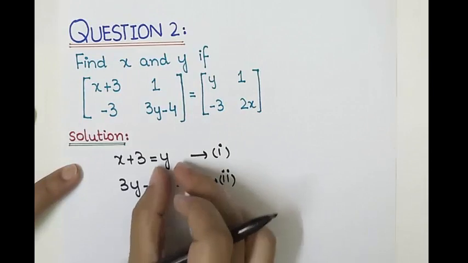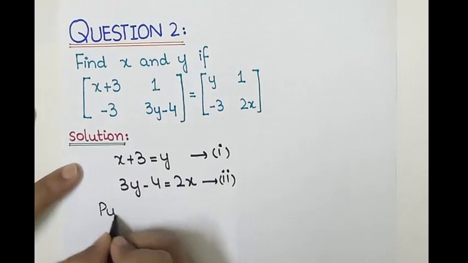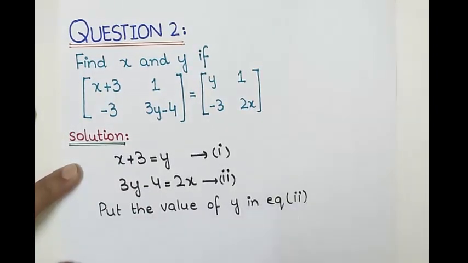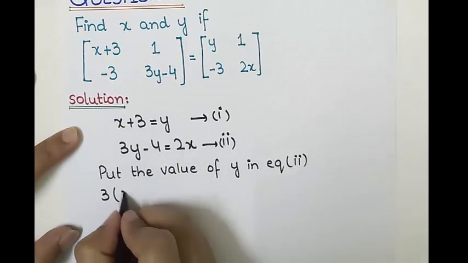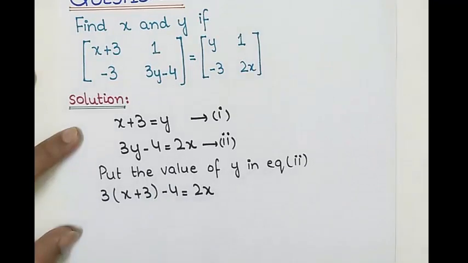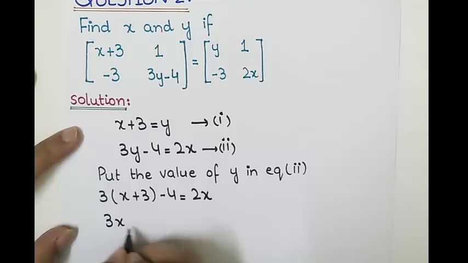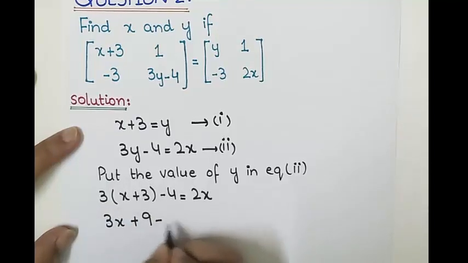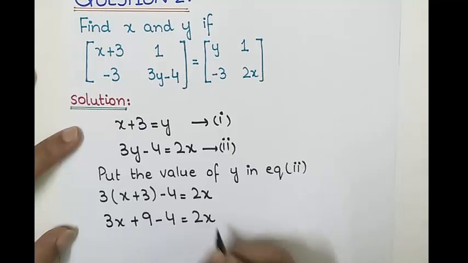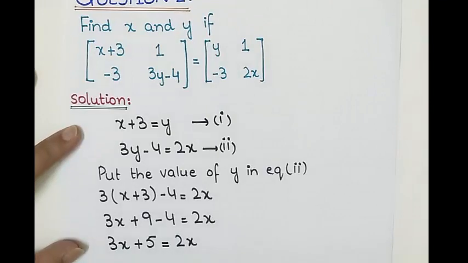Now this is the value of y here. So putting this value of y in the second equation, 3 times y, which is x plus 3, minus 4, and this is equal to 2x. Now this is 3x plus 3 times 3 is 9 minus 4, this is equal to 2x. 3x plus 9 minus 4, this is equal to positive 5, equal to 2x.